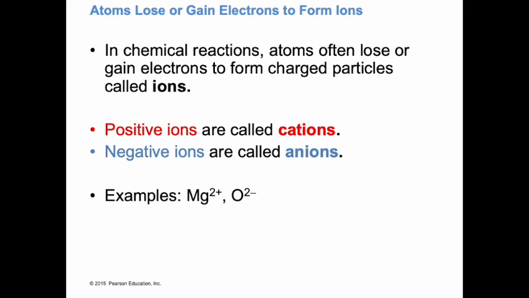So if I change the electrons, what I'm changing is the charge on that atom. So, for example, if H has 1 proton, which is plus, and 1 electron, which is minus, then it has a charge of 0. 1 plus, 1 minus equals 0.